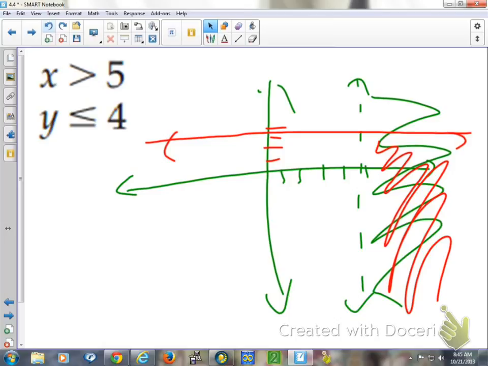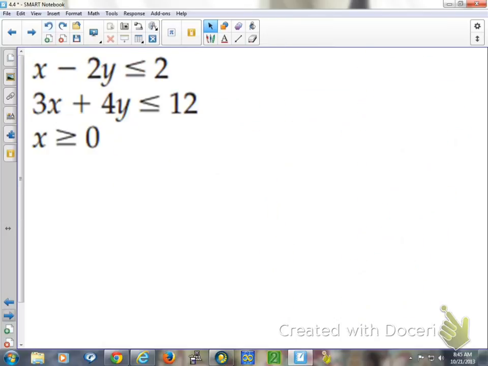Now, these systems of inequalities can be like 4 or 5 lines. You could graph 4 or 5 things and come up with a little shaded portion. You're going to have one in your homework. There was one in your book where there were 3, so let's do that one. You have to solve all of them for y that you can.